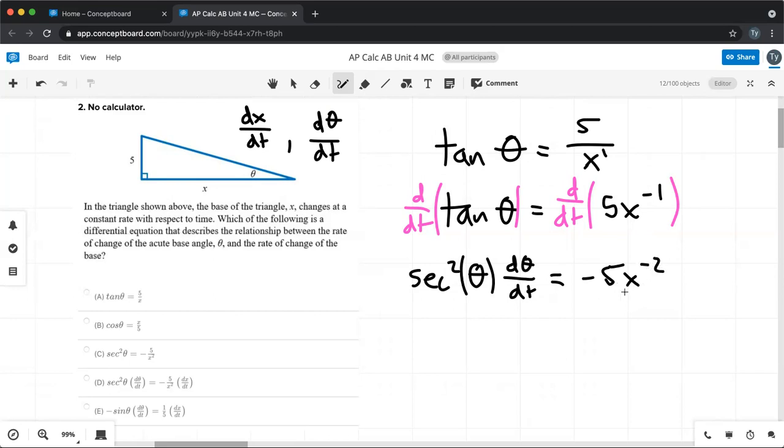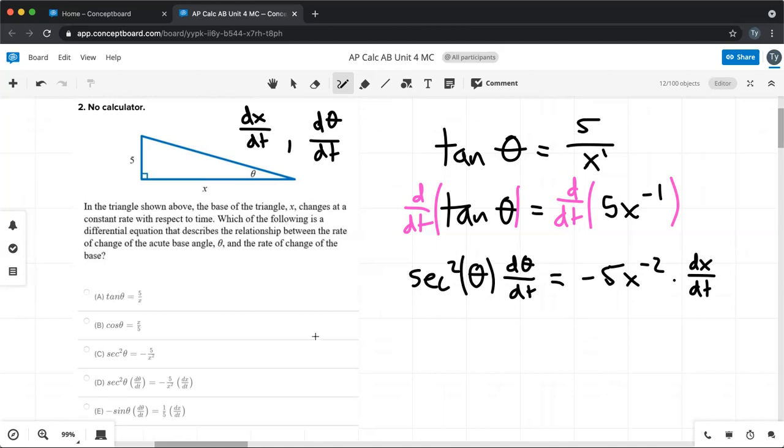But we're not finished, right? We differentiated this with respect to time. Our variable was x, so we need to incorporate the change in x into this with respect to time. In other words, we need to do chain rule and include dx dt here. Okay.